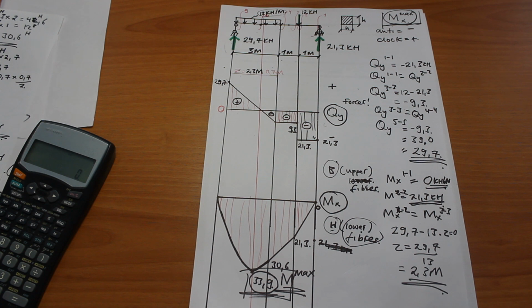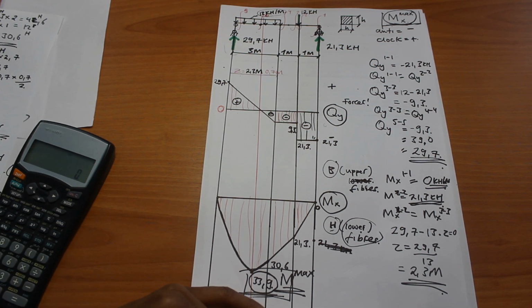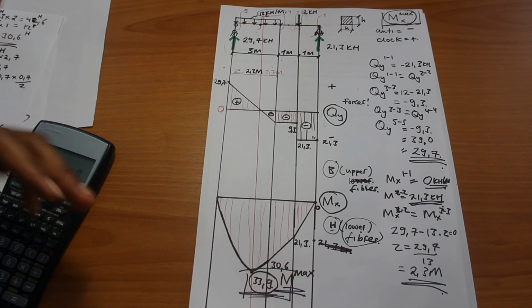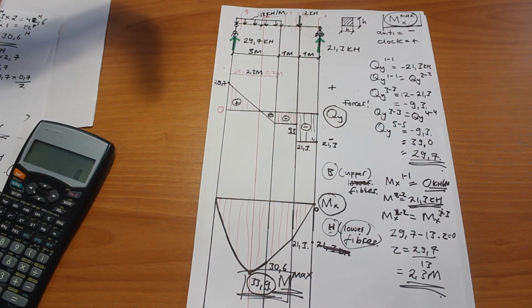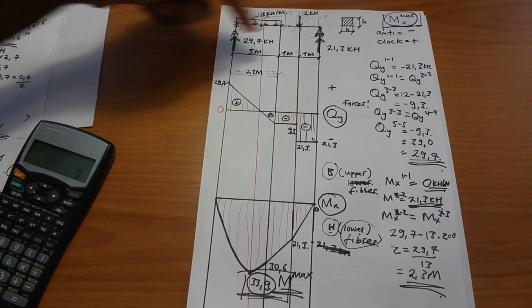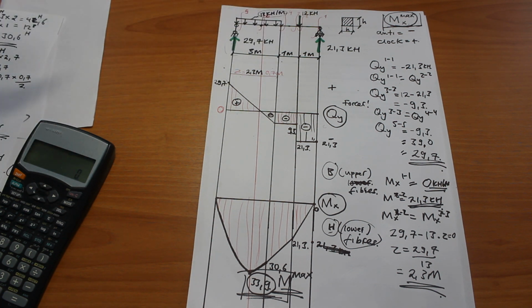All right, now that we've calculated our maximum bending moment, let me give a brief explanation of what this means. The maximum bending moment shows us the exact point at which our beam will start getting deformed.